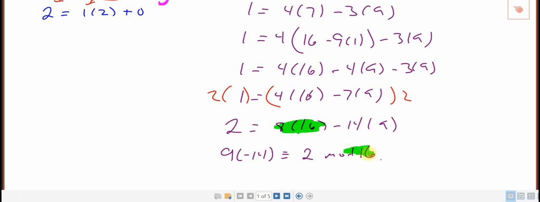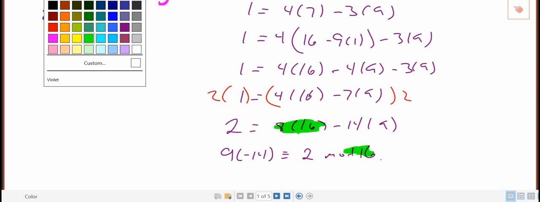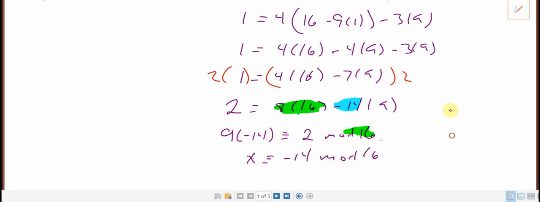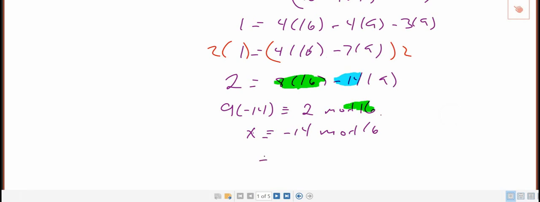So I know that's the modulus here. And whatever the coefficient is for x, for 9 in this case, because it was 9x, this would be your x. So from that, I get my x is congruent to negative 14 mod 16. But then negative 14, of course, is just 2 mod 16. So that gives me another way to solve that one.